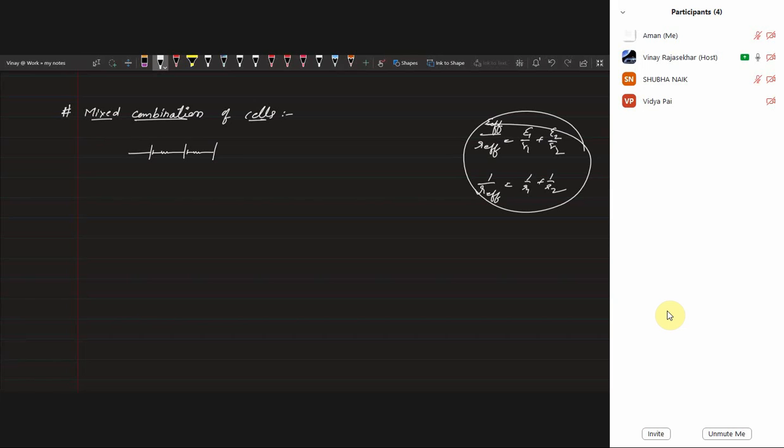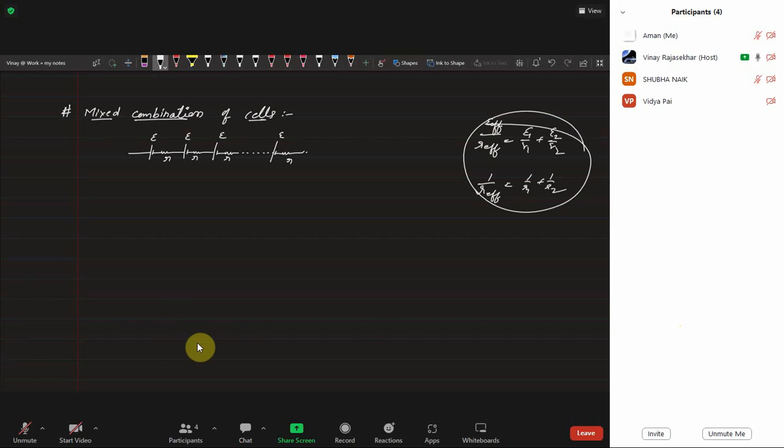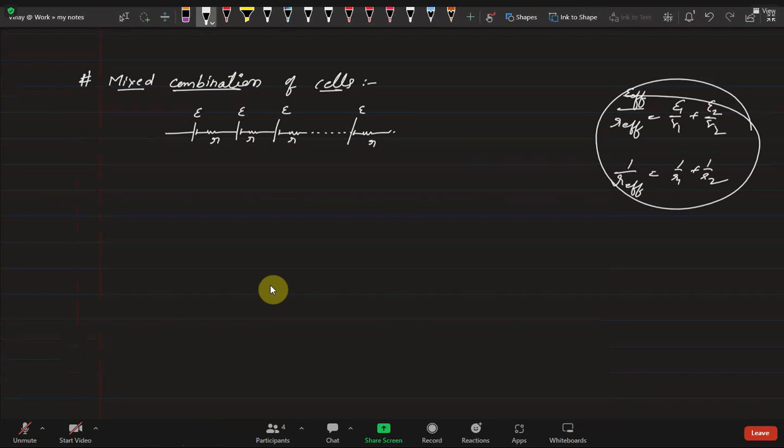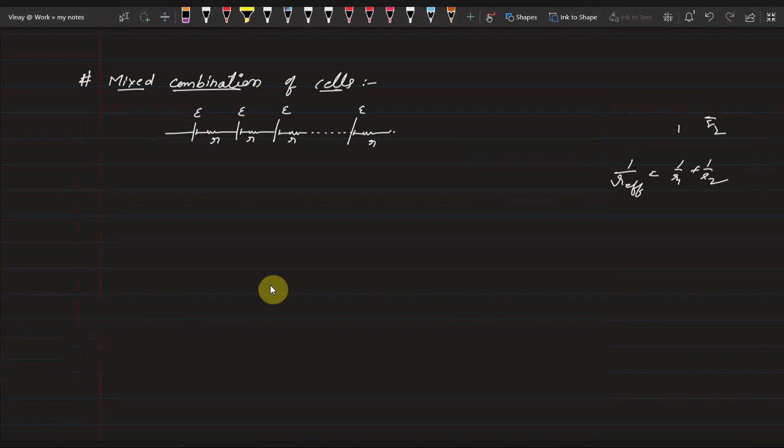Now there are n cells with EMF E and internal resistance R, connected in series. Are you clear? For example, here we have n cells connected in series like this.